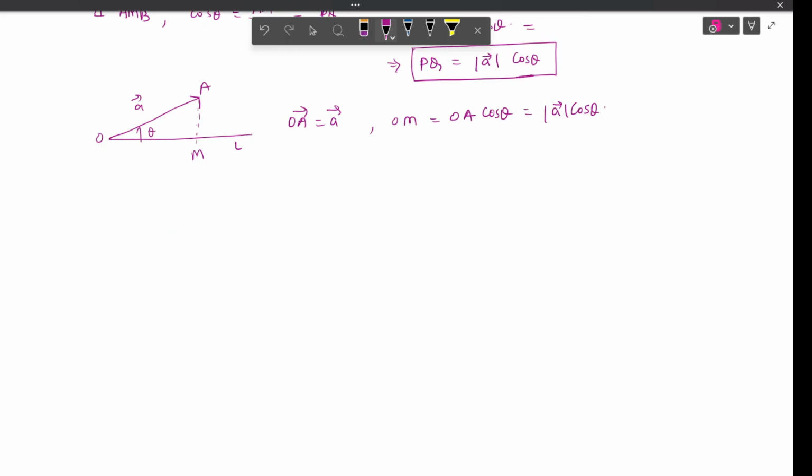Now, if we elaborate this concept for two vectors, let us see the geometrical interpretation of scalar product. Let us draw a diagram first.